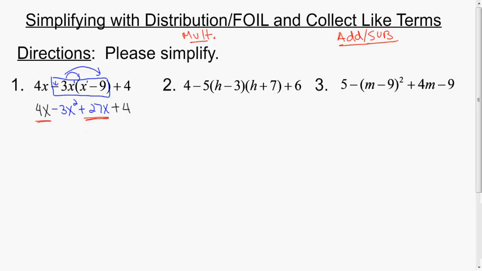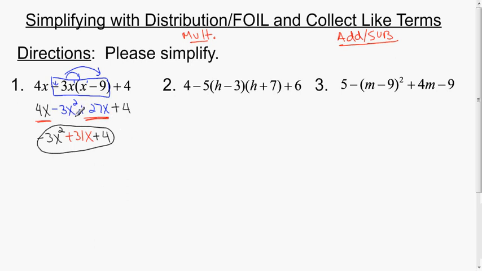So I'm going to pull down my negative 3x squared because that's my largest degree term. It doesn't have to go first, but it's nice to start to learn to write things in that order. And then 4x plus 27x is 31x, and then I will pull down my positive 4. Excuse me, wrong color. And making my final answer negative 3x squared plus 31x plus 4.